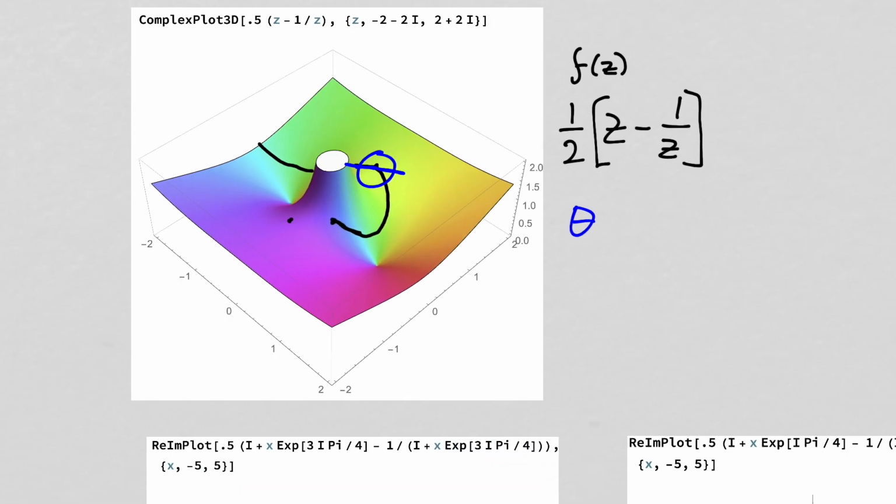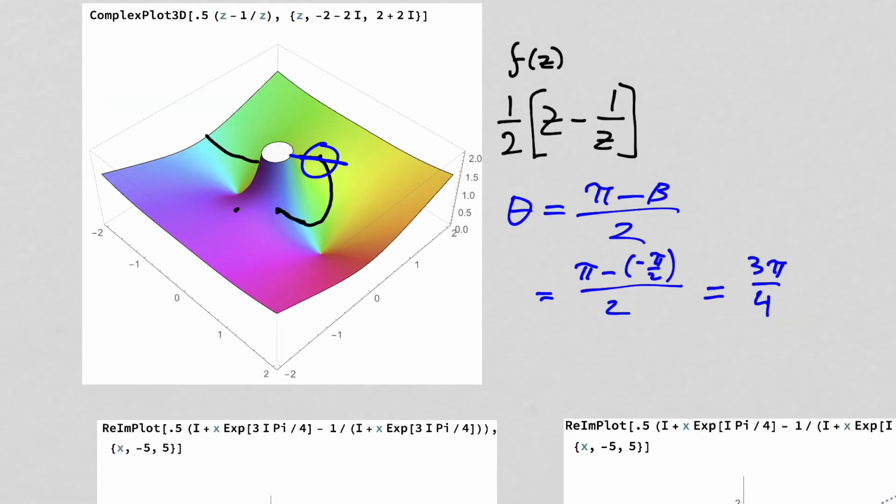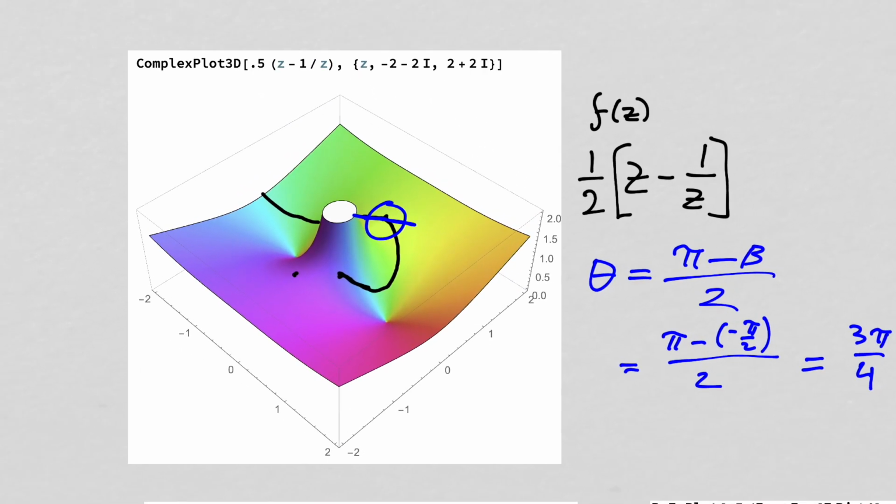And we decided that theta was going to equal pi minus beta over 2, and we figured out what beta was from our formulas, but it was the phase of the second derivative of the function evaluated at the saddle point, and we ended up with 3 pi over 4. So that tells us that this line here is we're traversing through this saddle point at the angle theta equals 3 pi over 4.